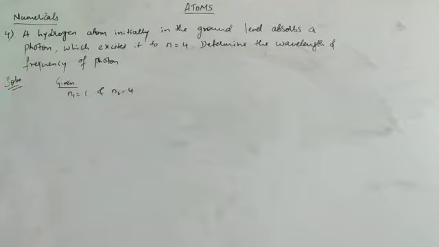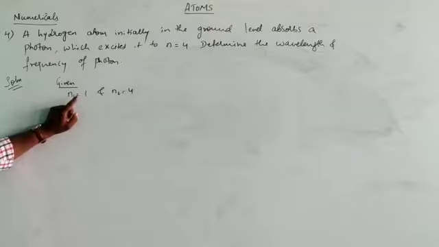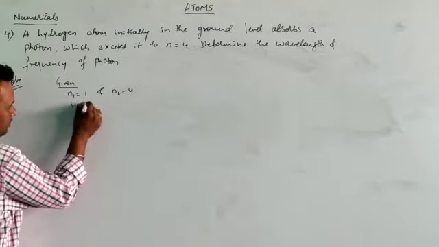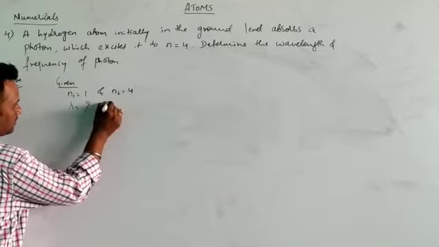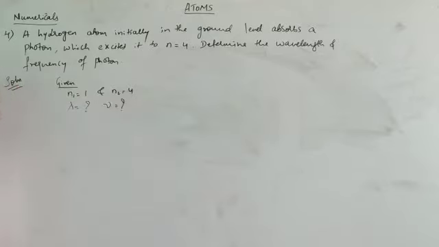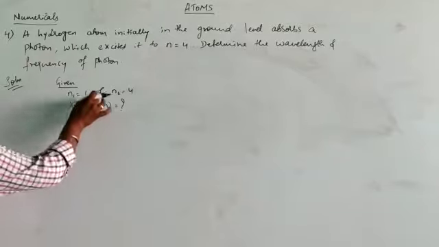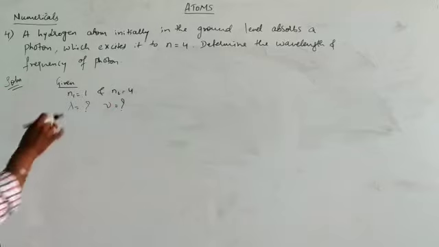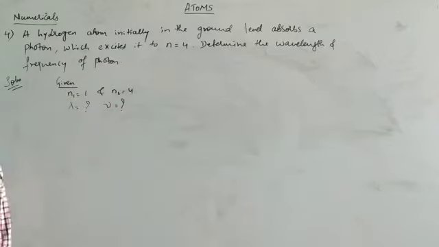Okay. Now this is the given data which he has given in the question. Now we need to calculate the wavelength, that means lambda we have to find out, and frequency we have to find out. Now how can we find out using this data? How can we find out the wavelength and the frequency of the photon?